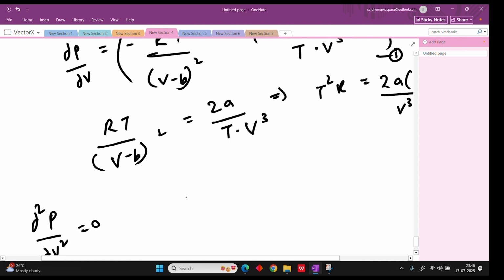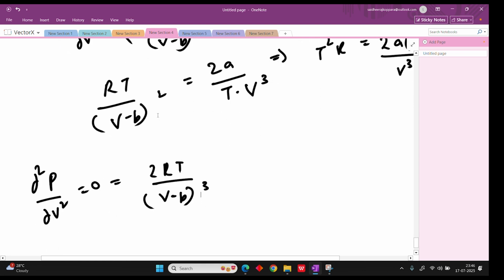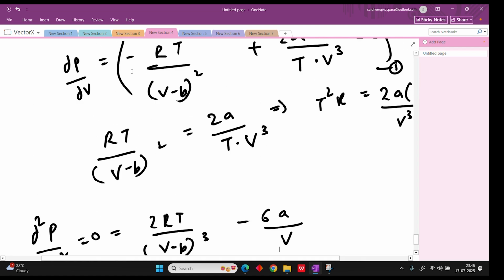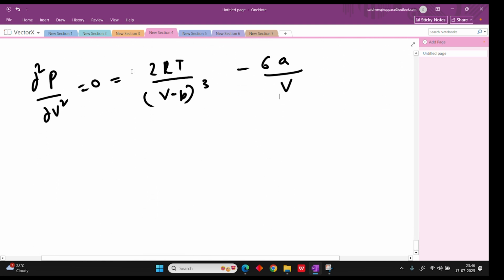So while you differentiate this, you get 2 RT by (V minus B) whole cube minus 6A by T V power 4.